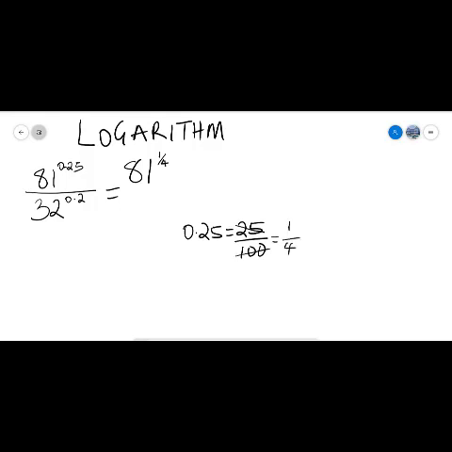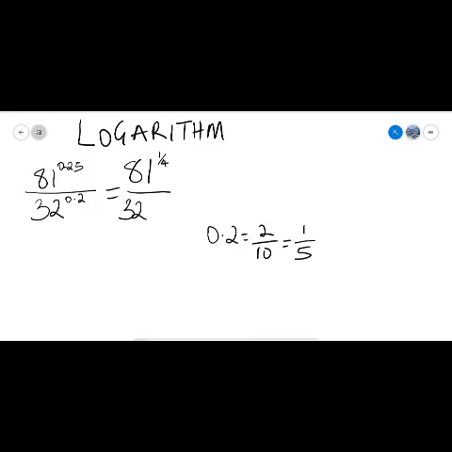So that's how that is possible. And we also know that 0.2 is equivalent to 2 over 10, which is equivalent to 1 over 5.